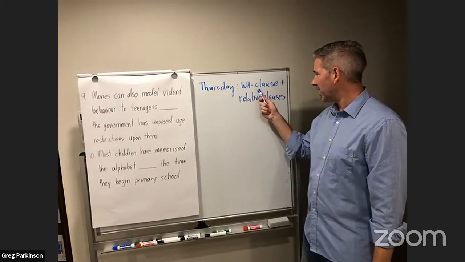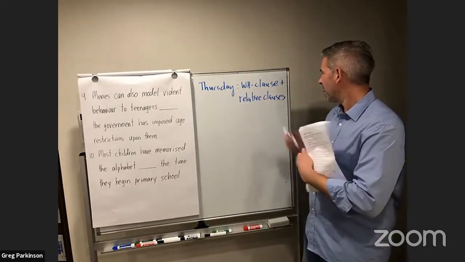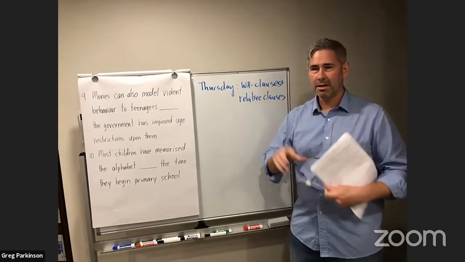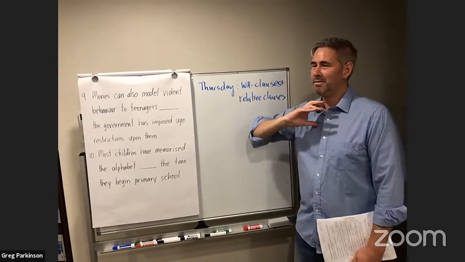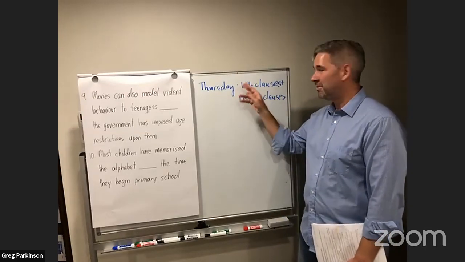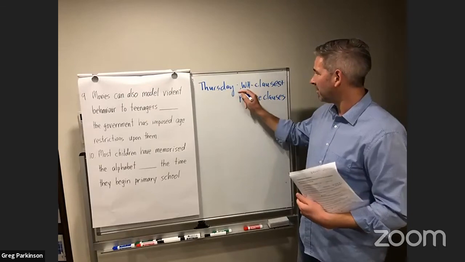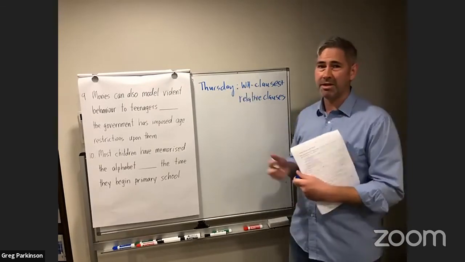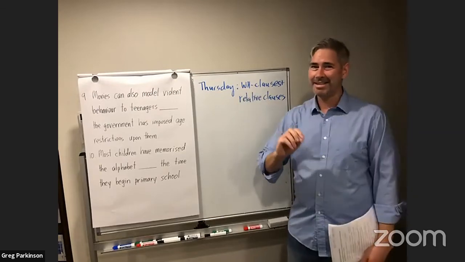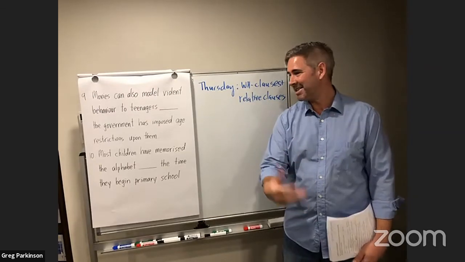So we're going to recap WH clauses, and I'm going to contrast those with relative clauses because a lot of people make a mess of the form, right? A lot of people confuse the form of these two. So I thought it's good, I like to teach them at the same time. Because if you understand these, you can understand these easily, then you can use them on your test.